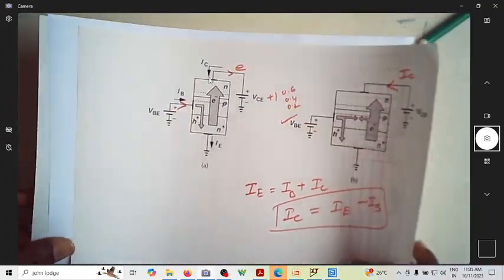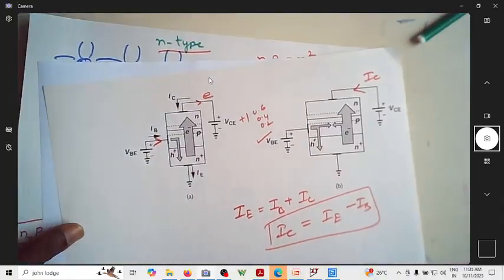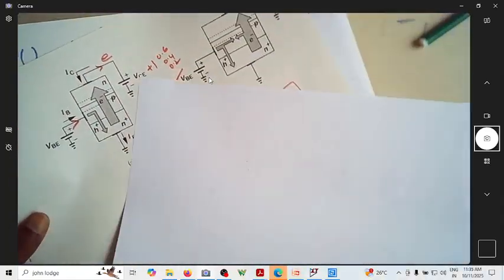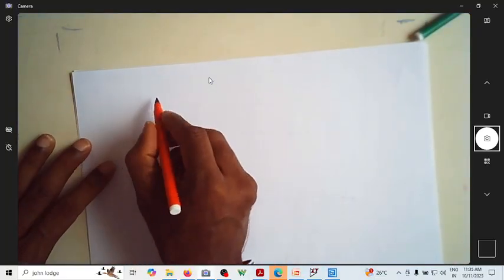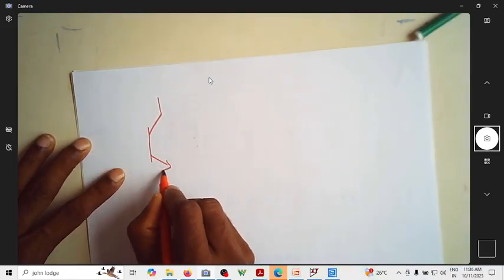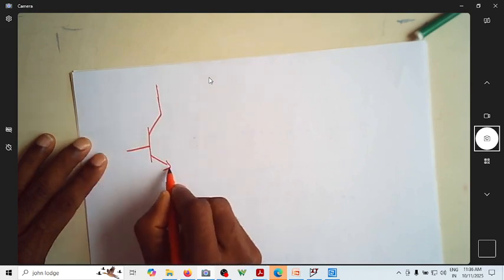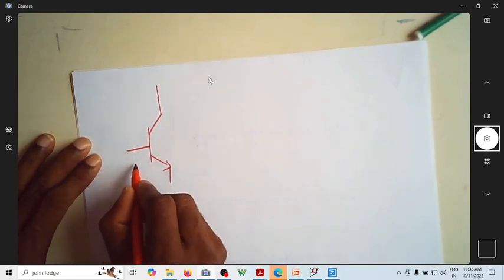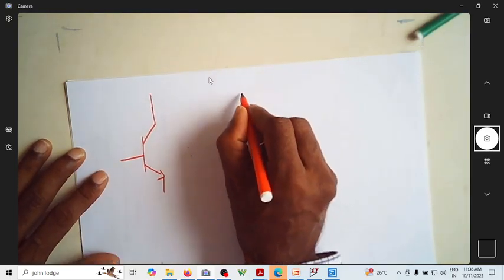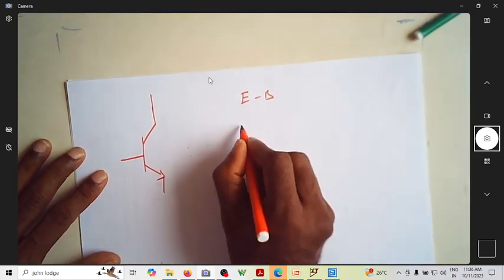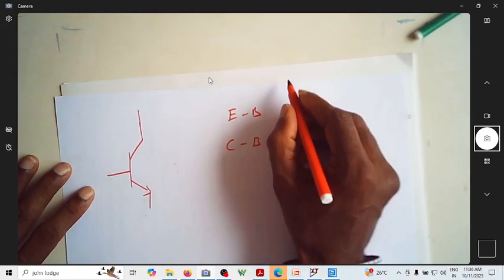So what we have observed here is that the emitter base junction is forward biased and the collector base junction is reverse biased. Now we have three different regions of operation of the BJT. Consider the emitter base junction and the collector base junction.